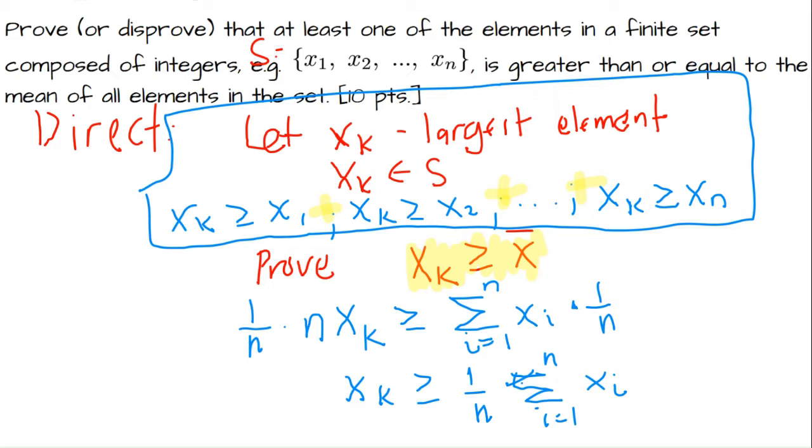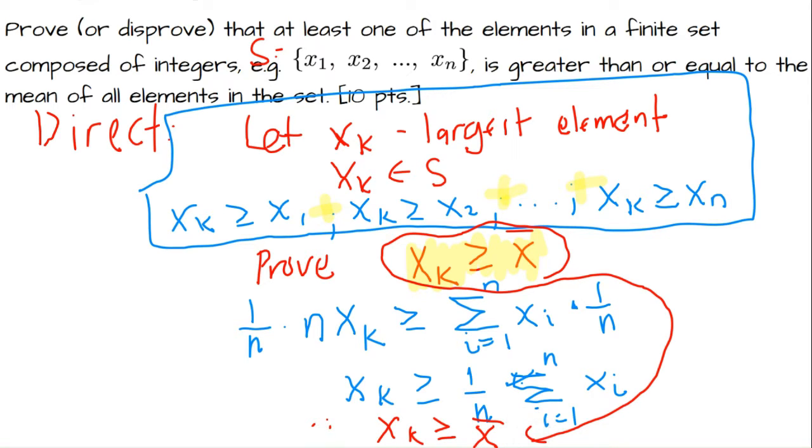Therefore x sub k is greater than or equal to our mean. Hence, we have proven this one. So this is by direct proof.